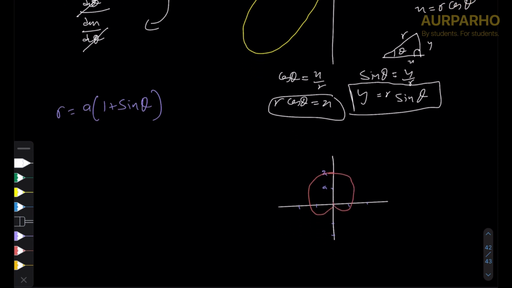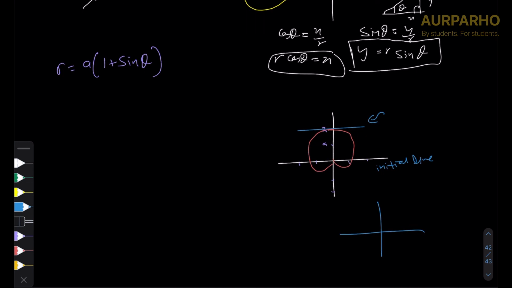And let's say I ask you, at what value of theta is the tangent to the curve parallel to the initial line? This is the initial line.